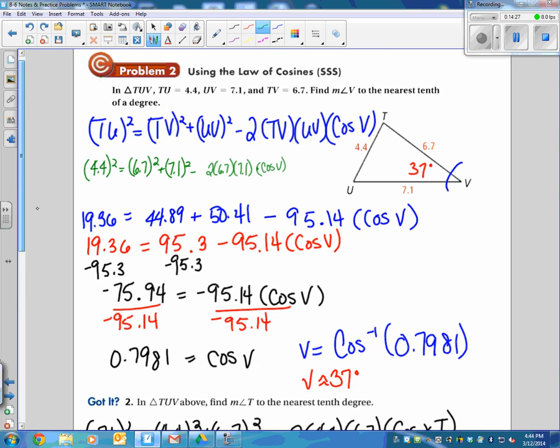If we go up here, angle T is about 76 degrees. So we have 76 degrees plus 37 degrees. Okay, that will give us 113 degrees. So it looks like angle U must be about 67 degrees.